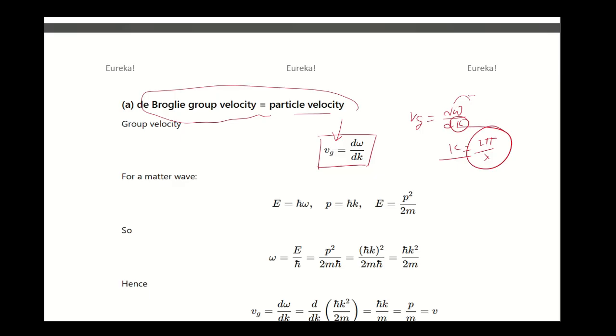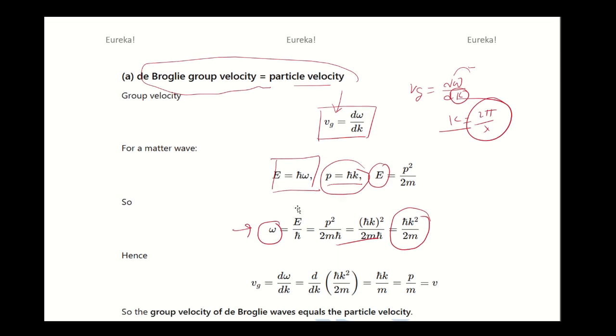In case of matter wave, we know that E equals h cross omega and P equals h cross k. Therefore E is nothing but p square divided by twice m. So if we find omega, that is E divided by h cross, and we replace E by p square by twice m, then we get h cross k square by twice m. So this is basically omega.